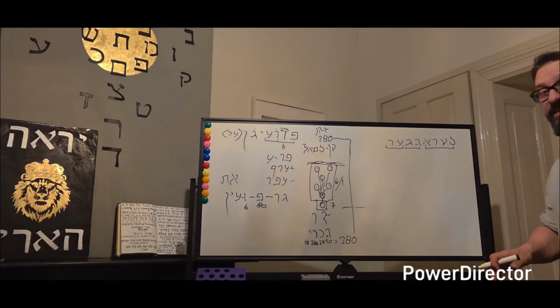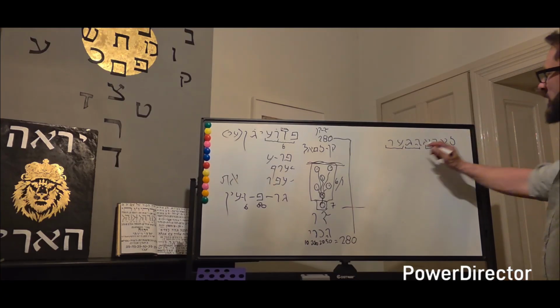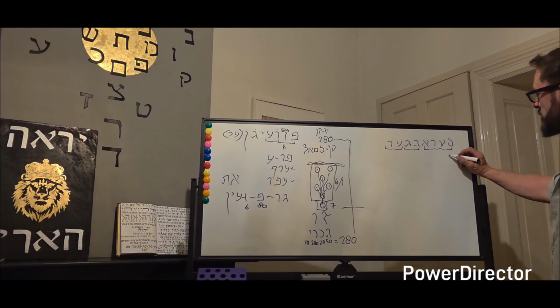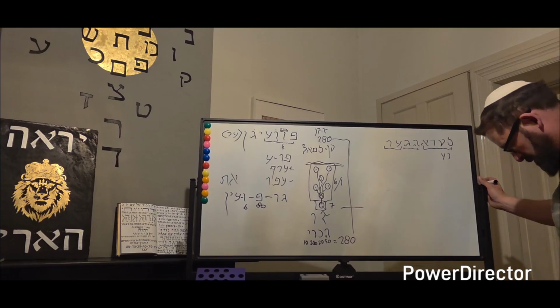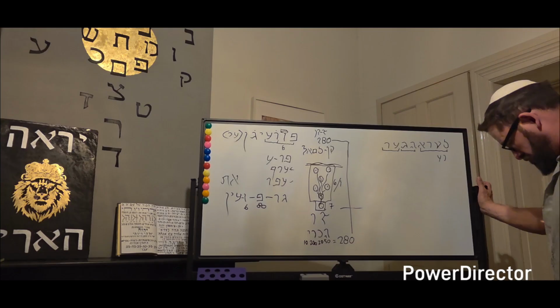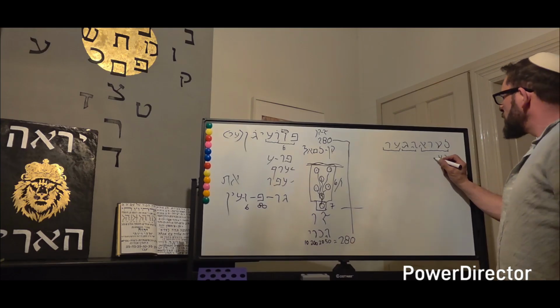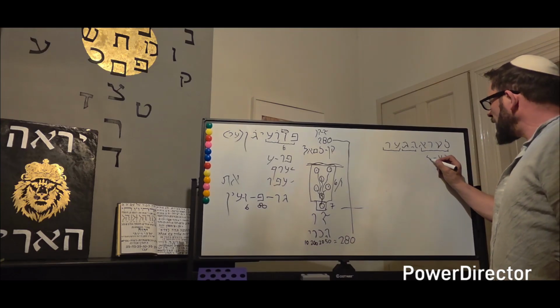Sitra means side. So you could also make the permutation. The evil, ra. Side, sitra.